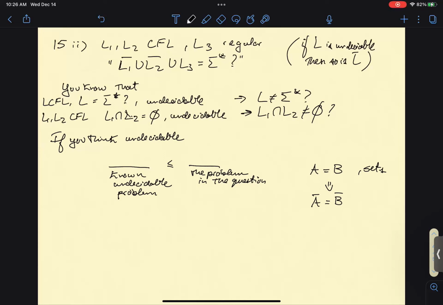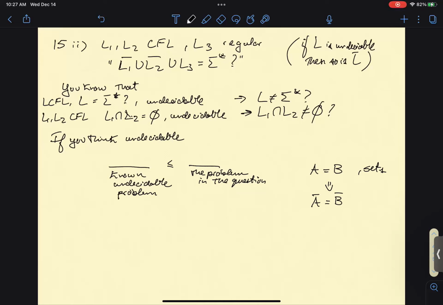Here you have a bunch of unions and some complements. If you take the complement on the left-hand side, you can use De Morgan's law, which just tells you that unions become intersections, and the complements go on each of the individual sets.